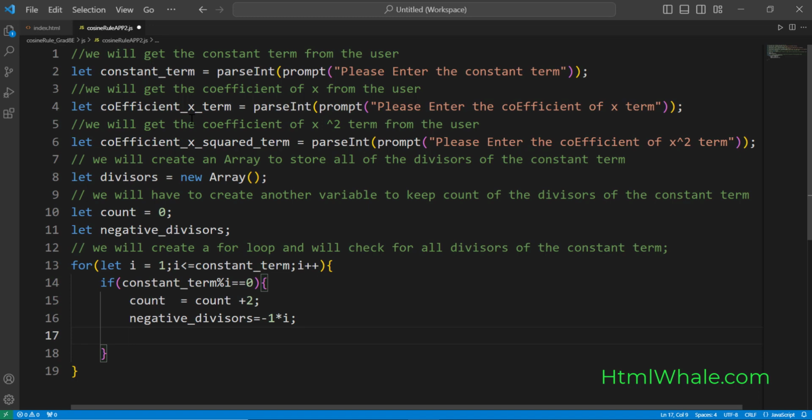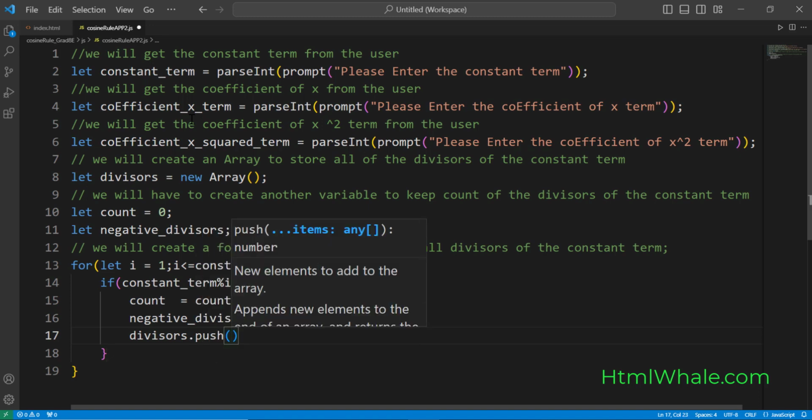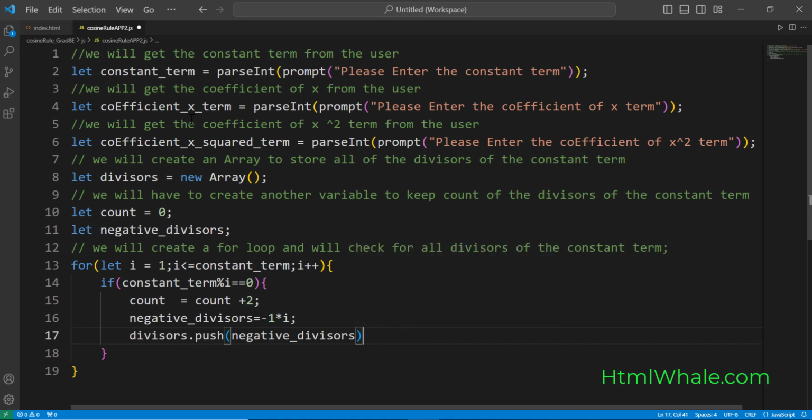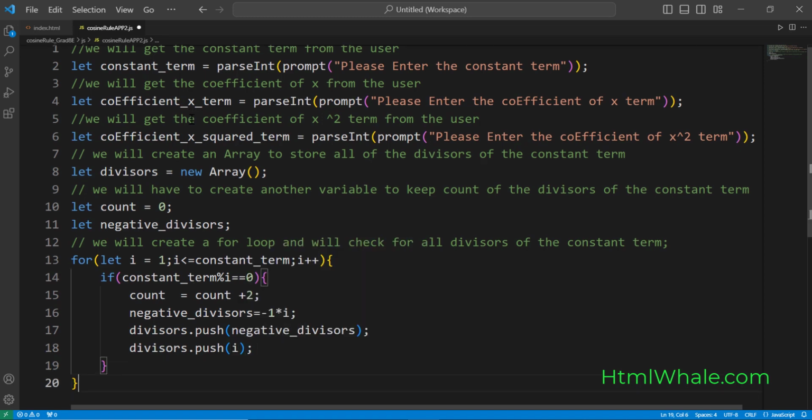So we will have to get the array. Divisors is the array, and we will push the negative divisors first, and then we will push the value of I next, and we will get the information printed.